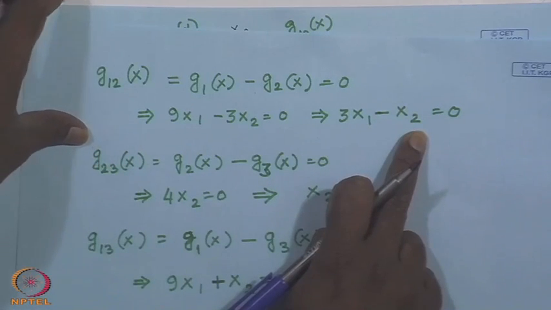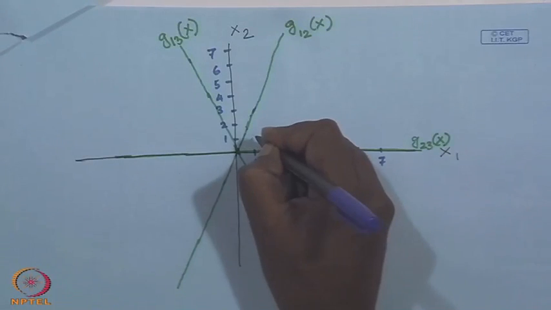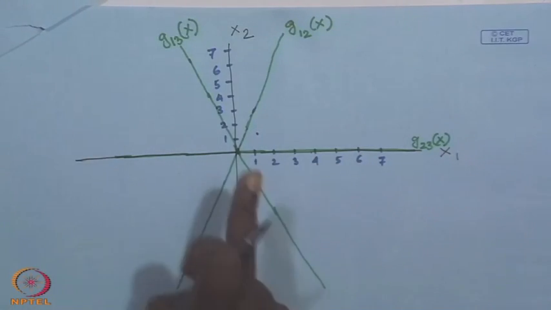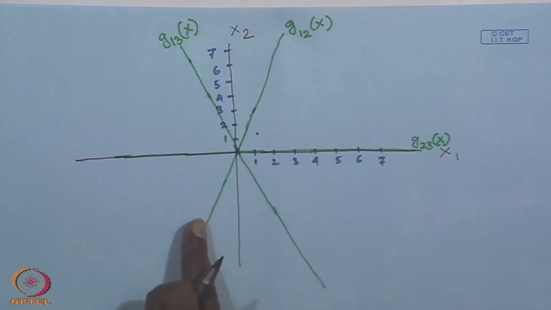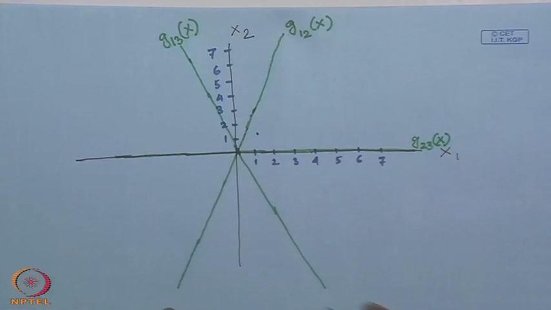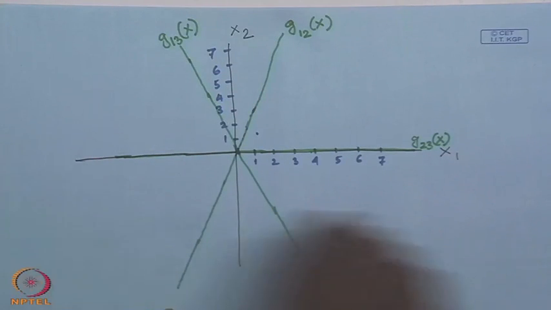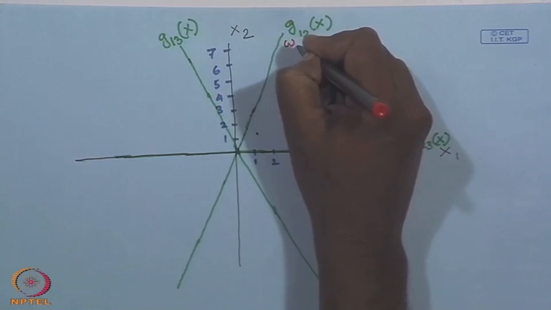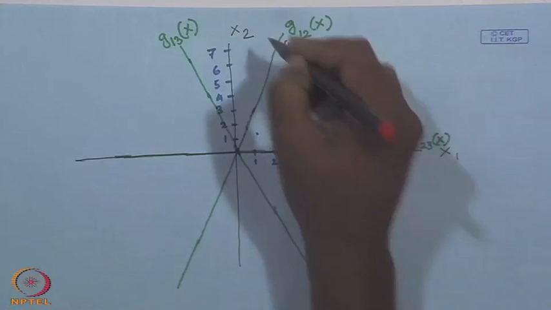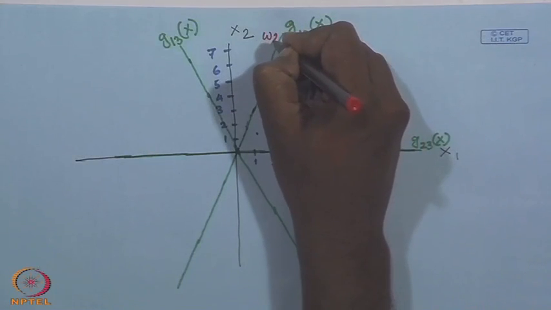That means this point (1, 1), which is somewhere over here, is on the positive side of G12(x). So, as this G12(x) divides this two dimensional space into two half spaces, this side of the space is positive and the other side is negative, which means that when I go for classification, this side of the decision boundary is omega 1 and this side of the decision boundary is omega 2.